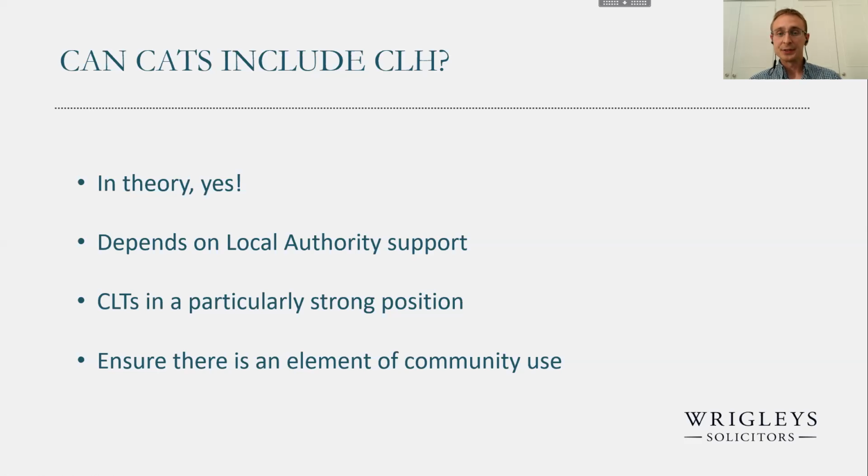As Caroline says, with straightforward housing co-ops where all the benefits are being retained by individuals who are members of a scheme, they're more likely to face an uphill battle based on the typical community asset transfer policies that we see in place at the moment at local authorities. Although again, we have to stress that each local authority has a different policy.